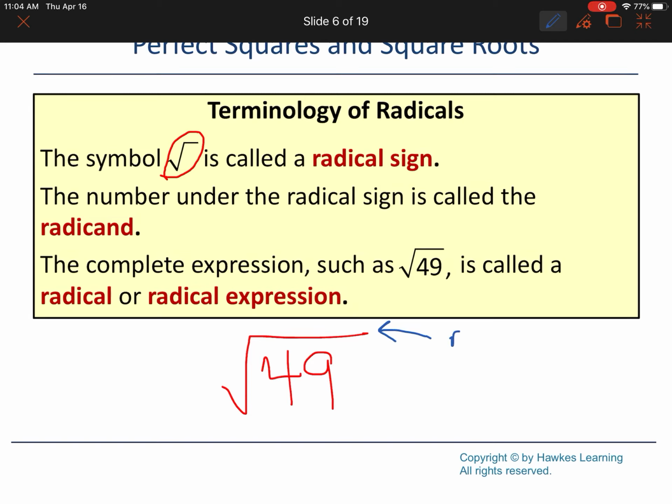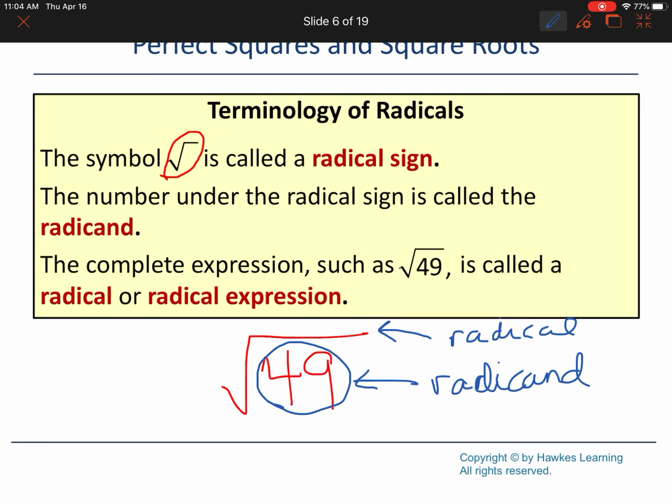This is the radical, right? This number under here is called the radicand. We don't use that word very often, but occasionally we want to refer to the thing that's under the radical sign, and instead of saying the thing that's under the radical sign, we could say the radicand, right?